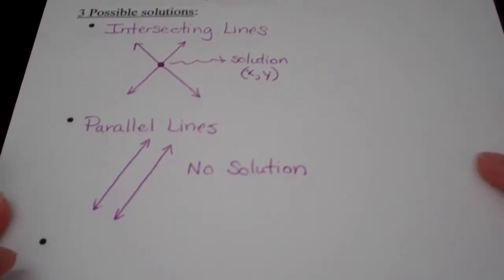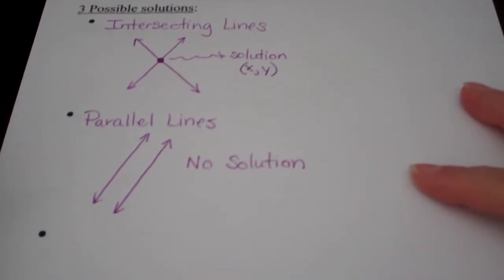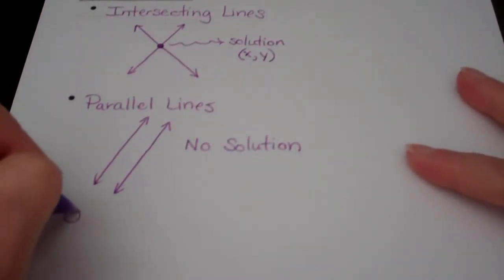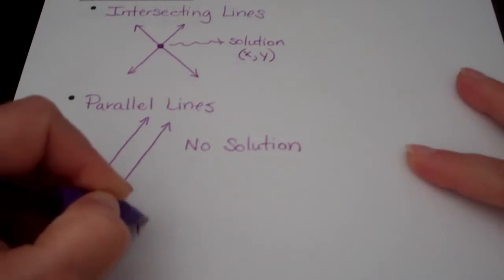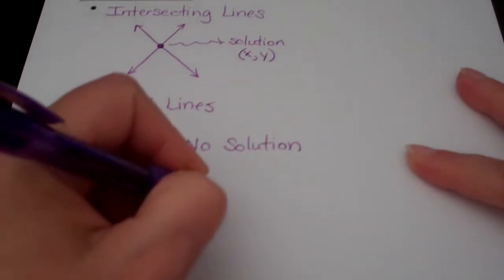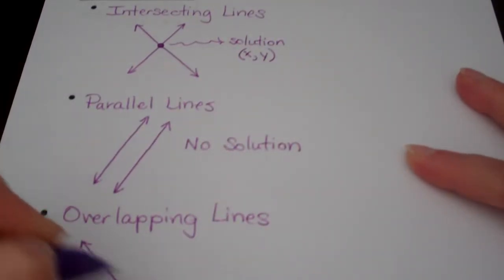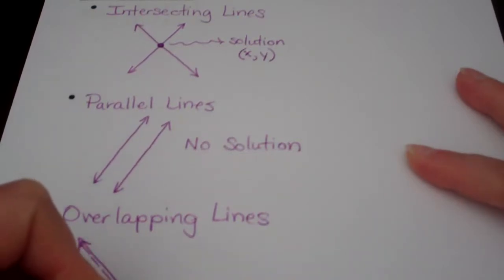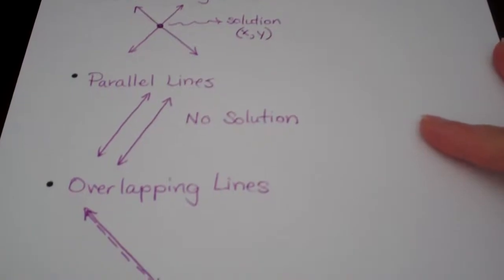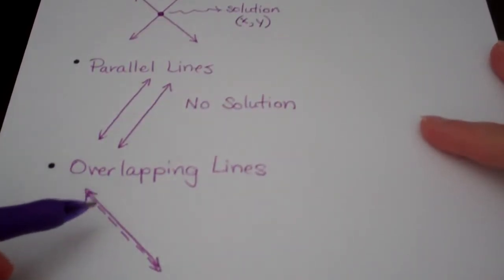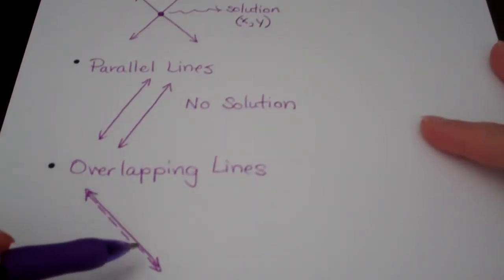Okay, and then the third possibility is that we may have two different equations, but when we go to graph them, they actually graph to be the same line. I call those overlapping lines. So maybe we have a solid line and a dotted line, and they are overlapping. So if two lines overlap, then they have infinitely many points in common, right?